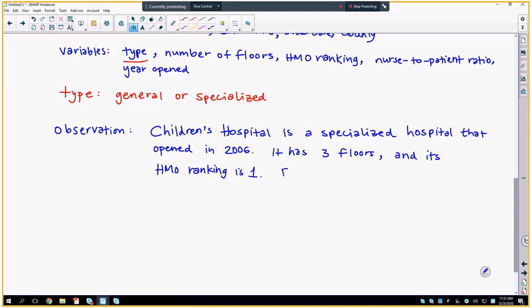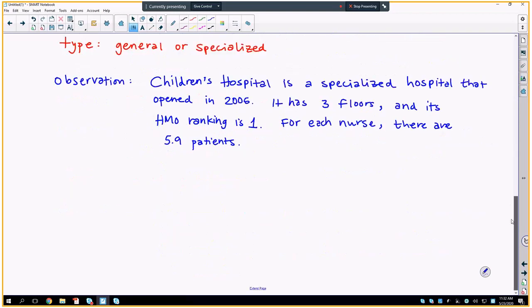For each nurse, there are 5.9 patients. And I believe we've answered the question.